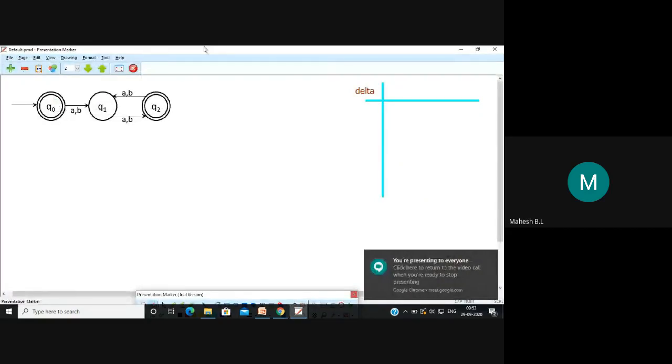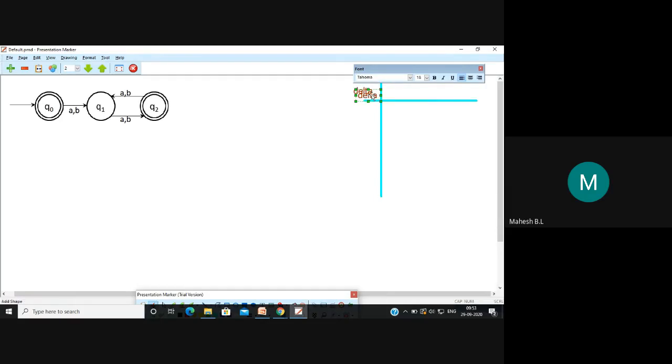Now, there are two symbols in the alphabet, as you can see from the transition diagram. One is A, another one is B. Then there are three states, that is Q0, Q1 and Q2.